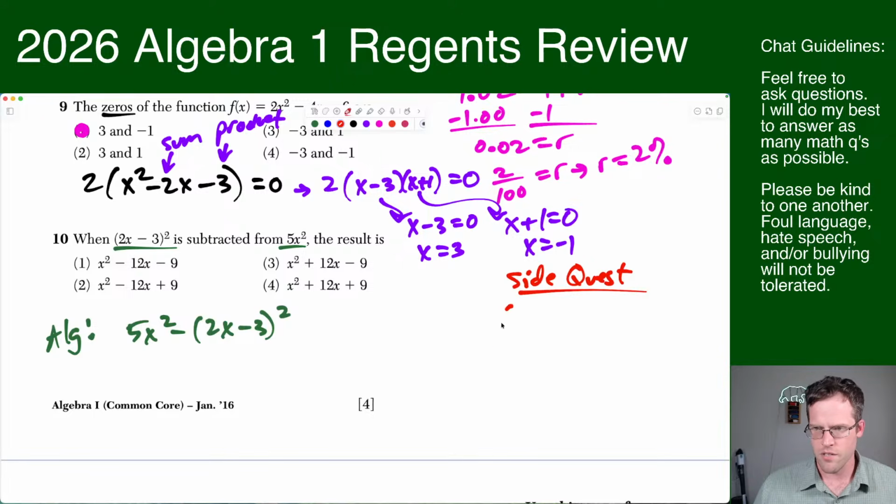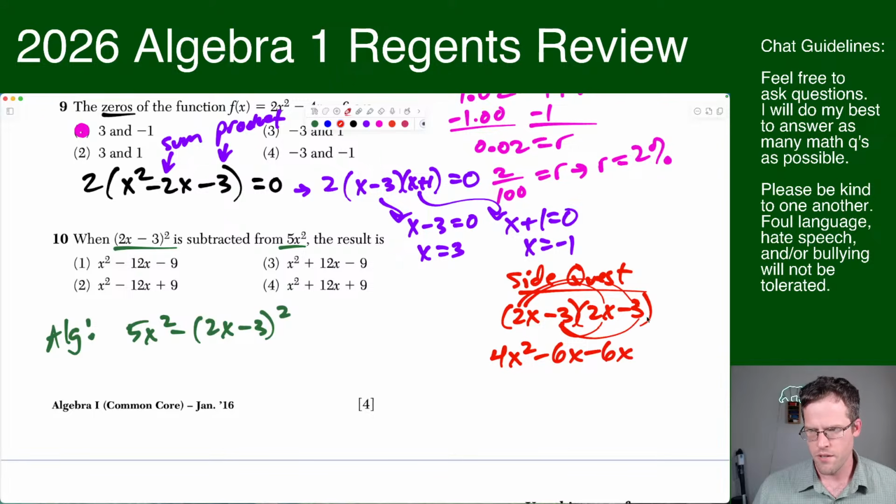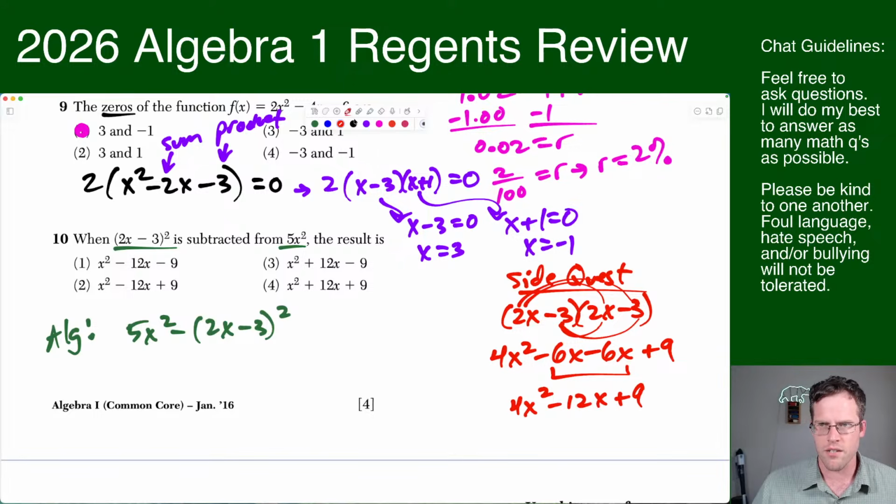So on the side quest, I'm doing (2x minus 3) times (2x minus 3). 2x times 2x is 4x squared. 2x times minus 3 is minus 6x. This makes the same thing. And then minus 3 times minus 3 is plus 9. So, 4x squared minus 12x plus 9. That's what we are subtracting.